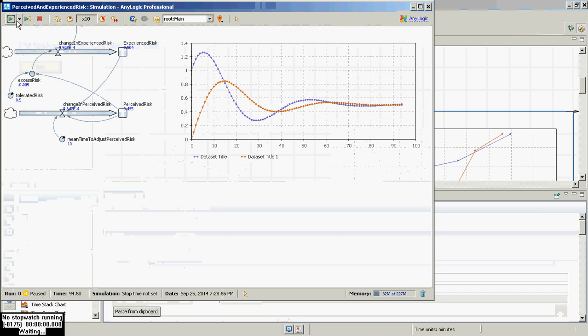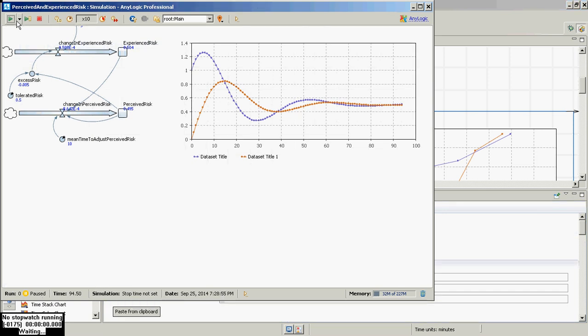So it will rise, but it will overshoot, and then it will start going down again to correct, but it will overshoot and then go up and then down. It's a little bit like driving on ice, where you tend to overcompensate and go too much to the left and then adjust and you go to the right. So if you have a negative feedback with a delay, you get oscillations out.